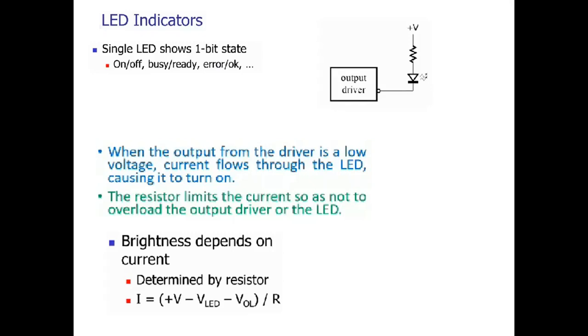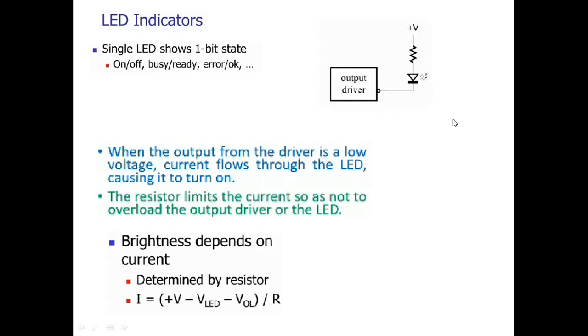When current is passed through an LED, it emits light, hence the name light emitting diode. If the LED is used as an active low output, then this is the figure you can make use of.